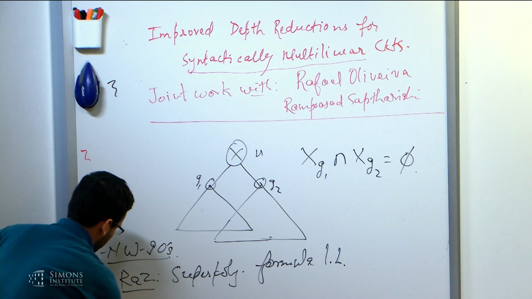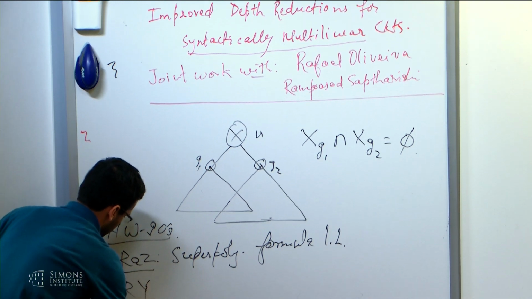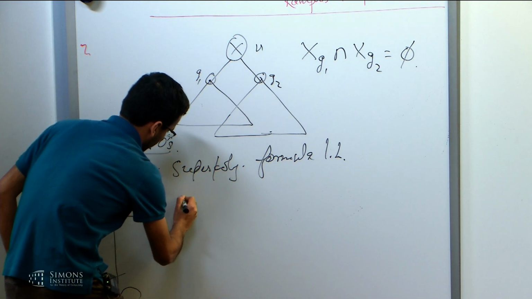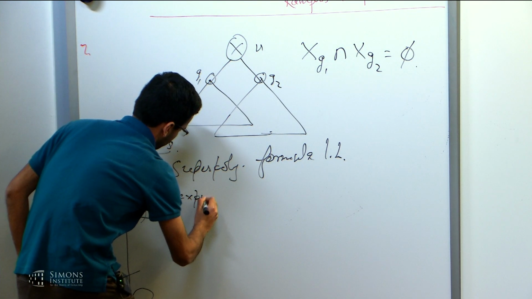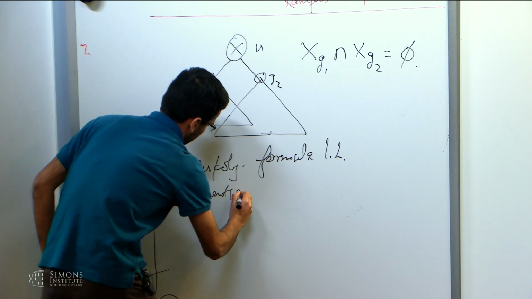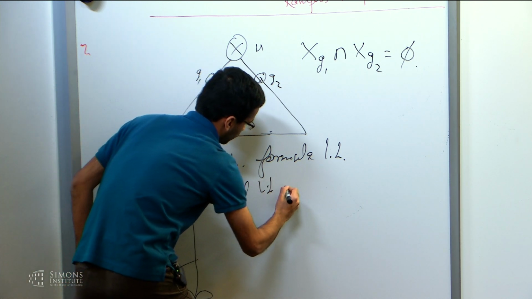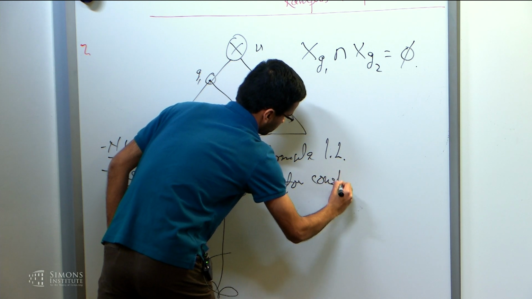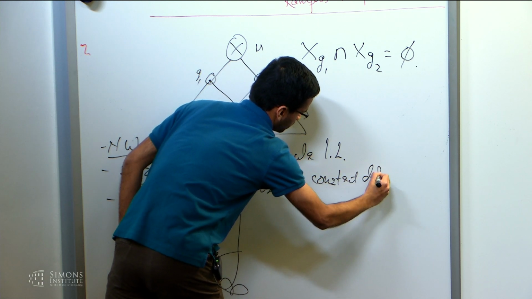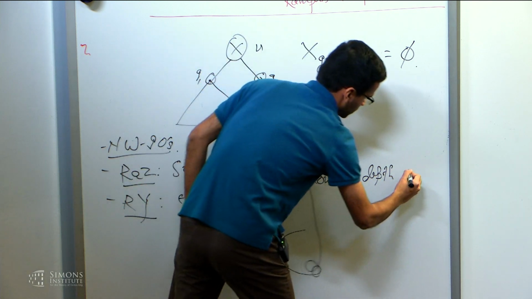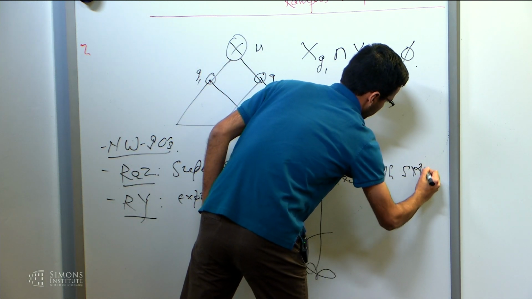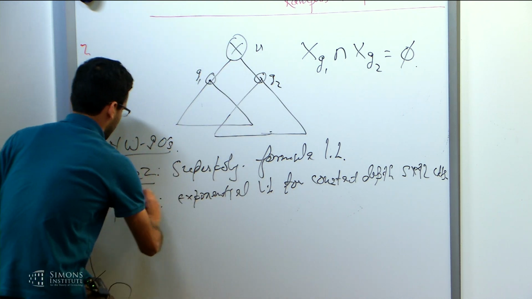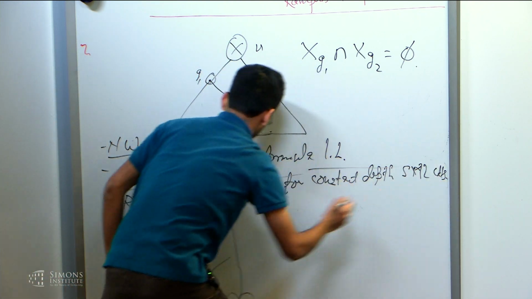This was followed up by a bunch of papers of Ran and Amir, where they proved an exponential lower bound for constant depth syntactically multilinear circuits. And we will look at what this result is, and this would be important for us.